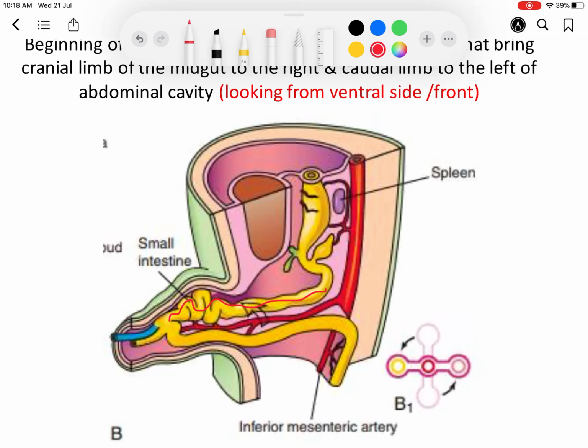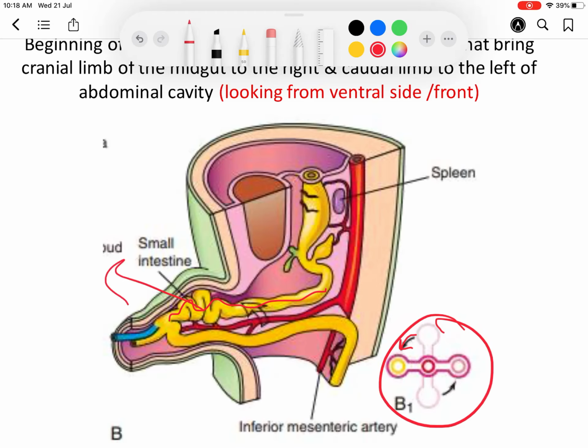Now you can see the first 90-degree rotation of the midgut. This is the midgut loop pre-arterial segment, and it elongates excessively. It forms the loops of the jejunum, mainly jejunum and ileum.